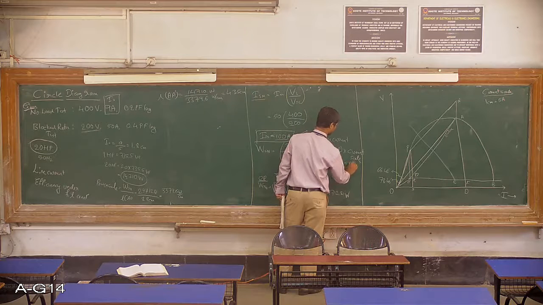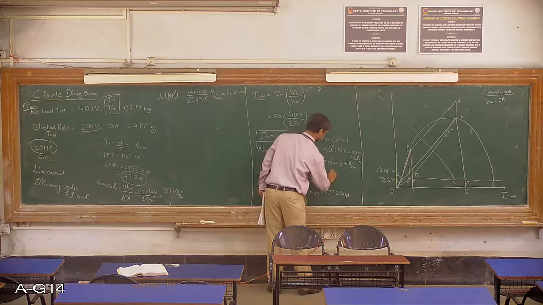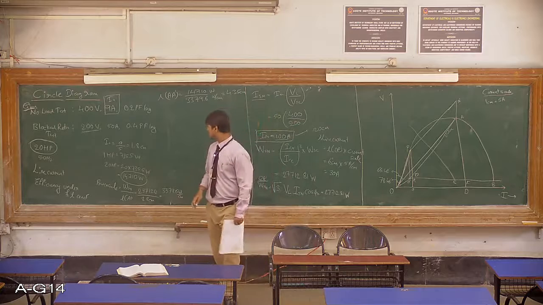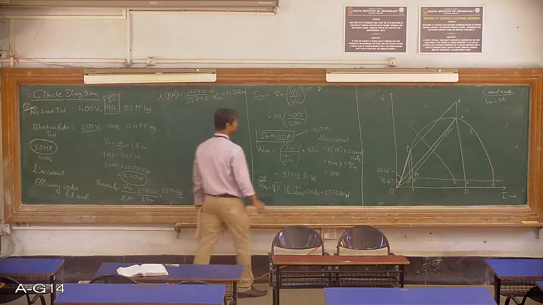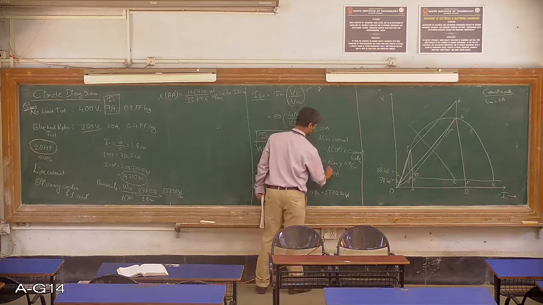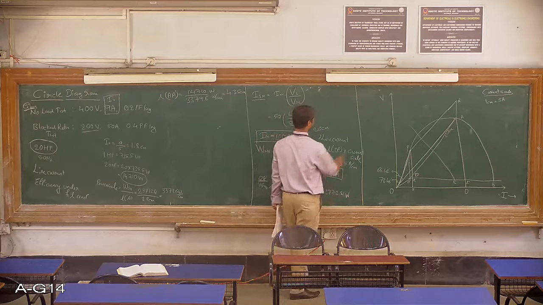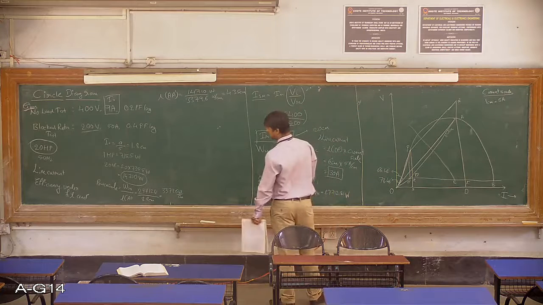So centimeter cancels, it is 30 amperes. That means under full load condition, the machine will be drawing 30 amperes. Now the second point they had asked us to calculate was the efficiency.